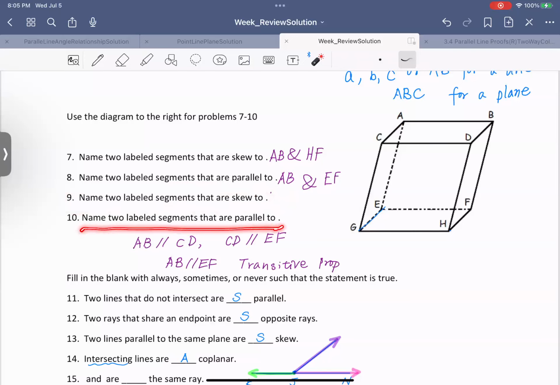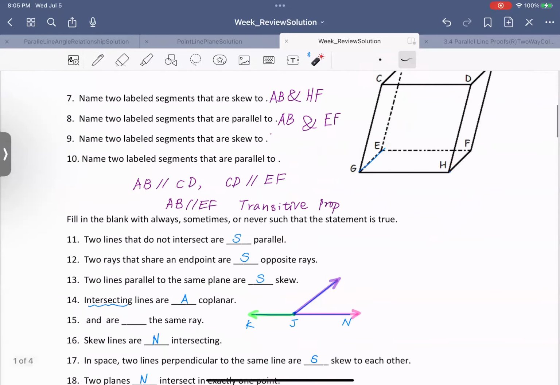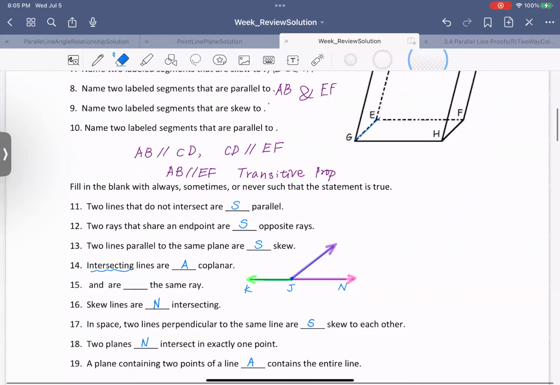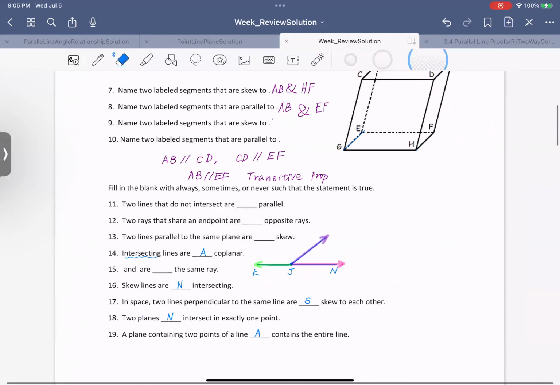GH and EF. And you see these four lines are actually all parallel to each other. Okay? That makes sense. Yeah. Okay, thank you.